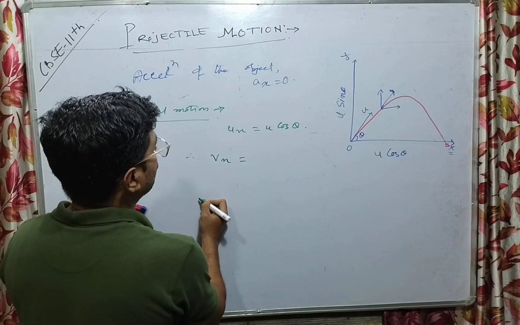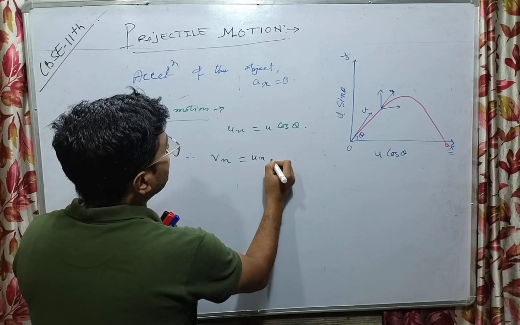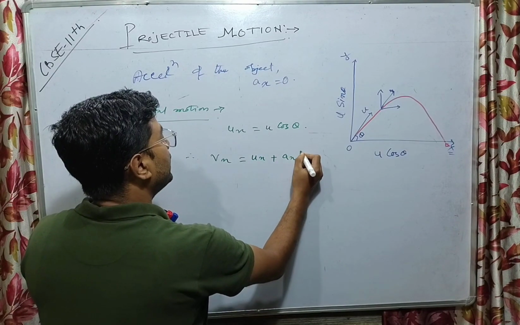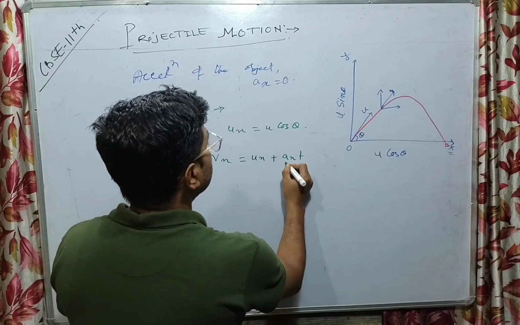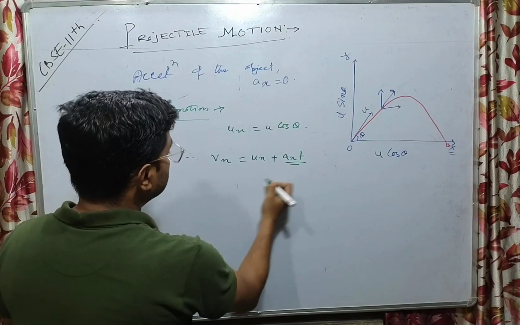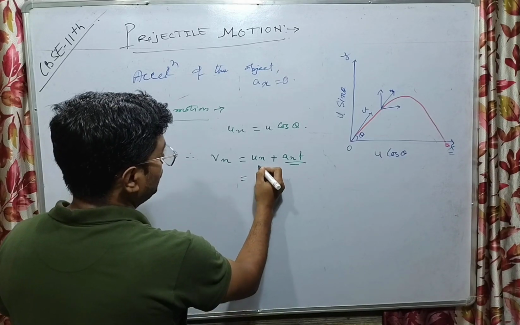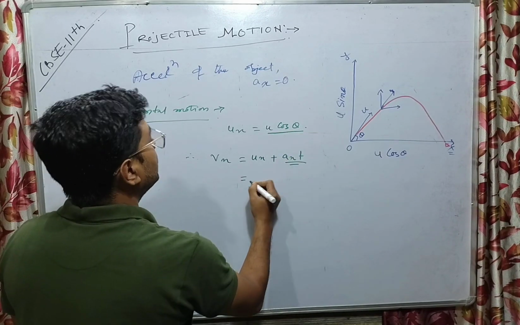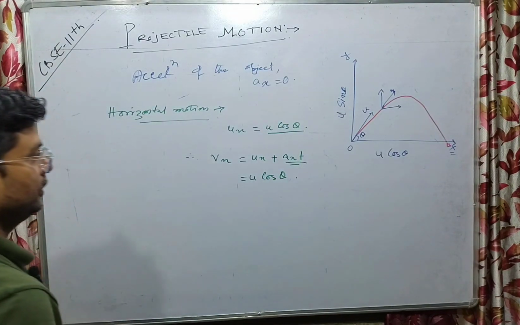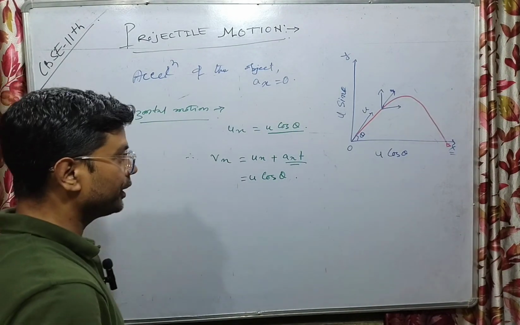Now from the laws of kinematics, vx is equal to ux plus ax into t. Since ax is equal to 0, this term becomes 0. So vx is equal to ux, which is u cos theta, along the horizontal axis.